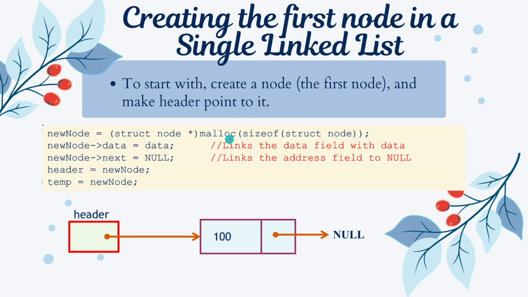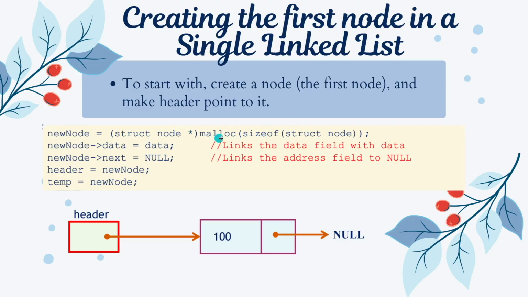We are asking the system to reserve memory for one node whose memory requirement is that of the structure definition which you made before. And you want that pointer to be of this structure type. So, we make an explicit conversion here so that the pointer malloc returns should be of type struct node star, and the name which we give for this pointer is new node.